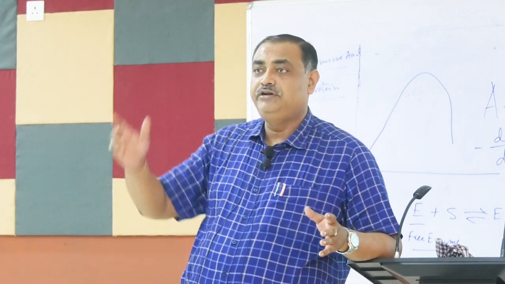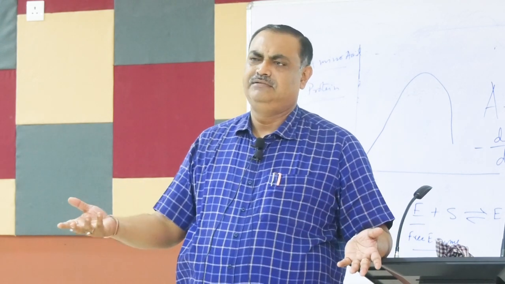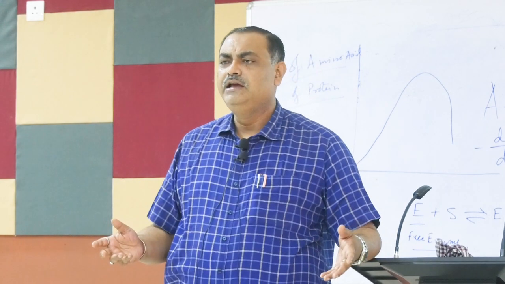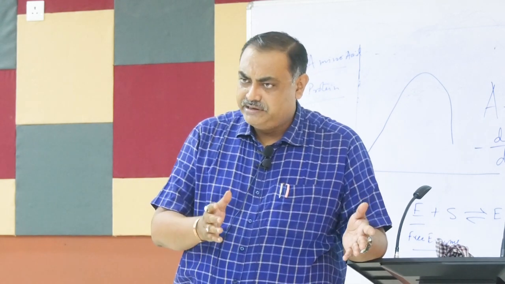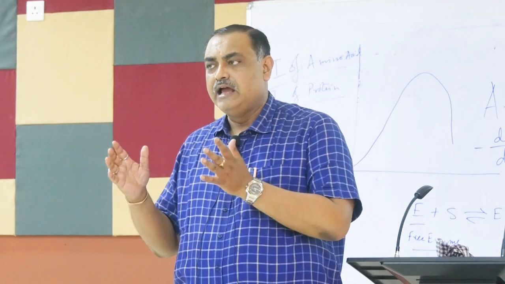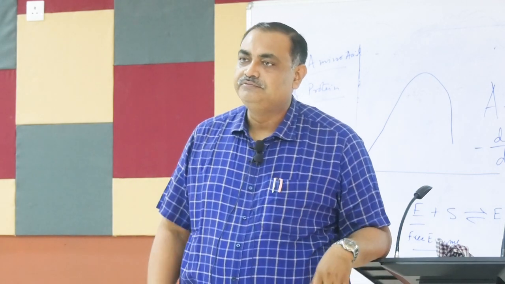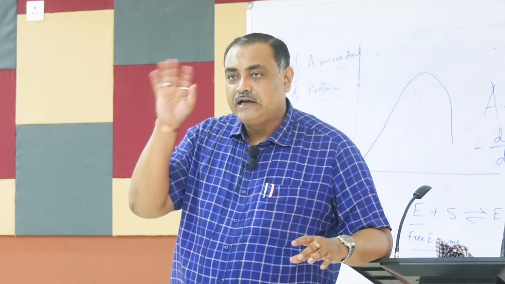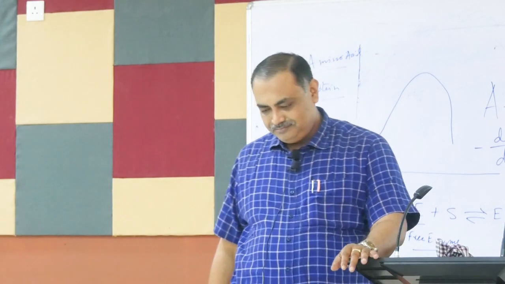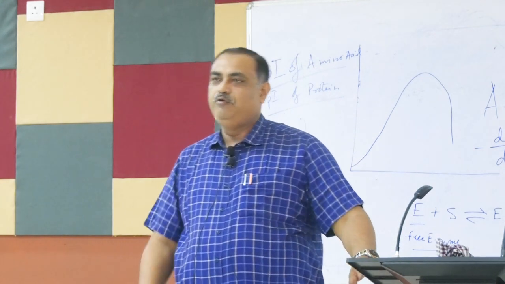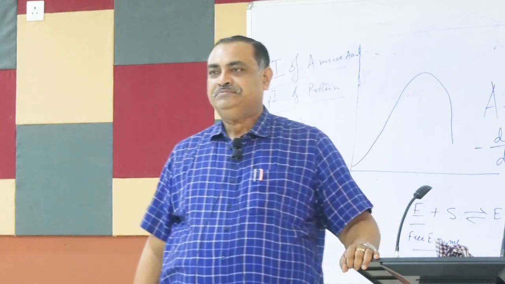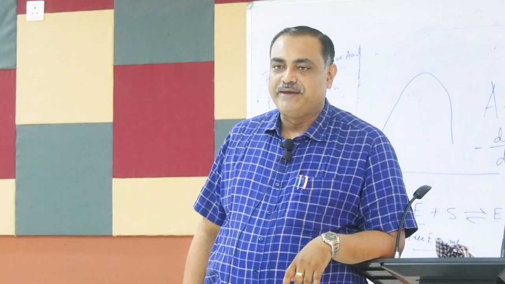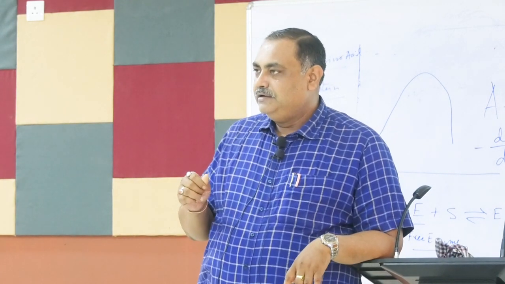The proportionate average of all the acidic and basic amino acid residues. So it comes around 4.5 for albumin. For albumin it comes around 4.5. Fine.